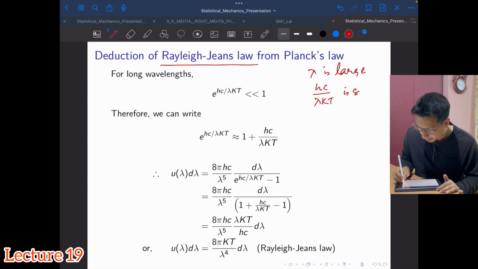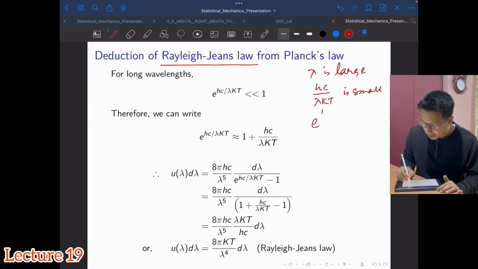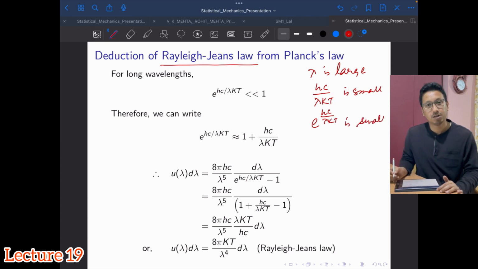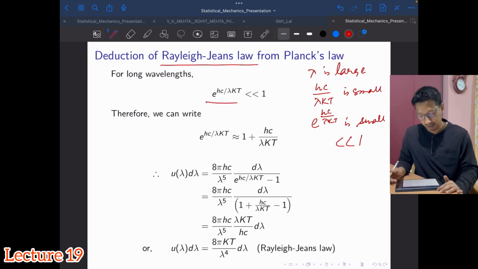So e to the power hc by lambda kT becomes small, which will be much less than 1, as written here.